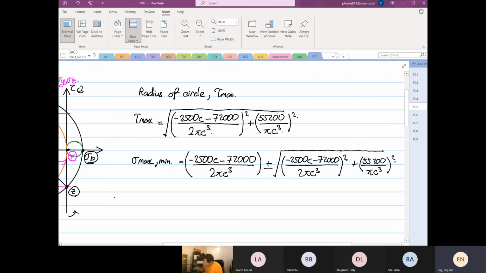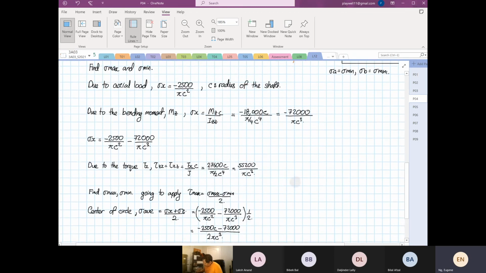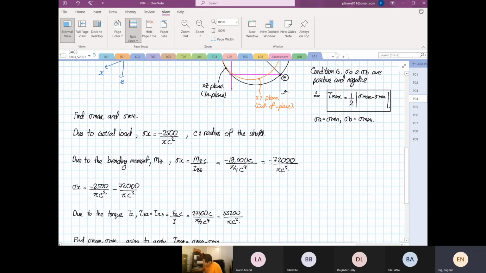The formula that we're going to apply now, based on the Tresca criteria, I've written down here. I'm going to copy and paste this formula over here.